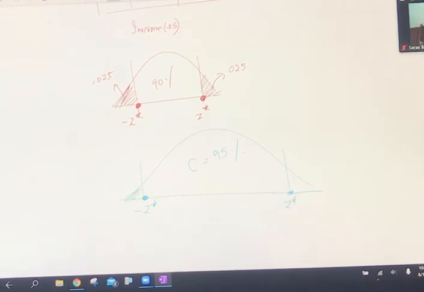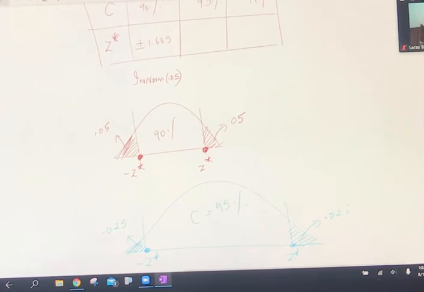So this number is going to be 0.025. I think I made a mistake. I will fix it. 0.025. So this is going to be 0.05. Because you are left with the middle 90 percentage, you are left with the remaining 10 percentage that's going to be given to both ends.